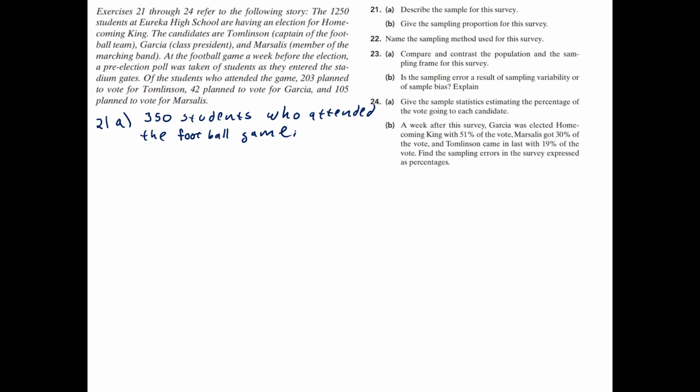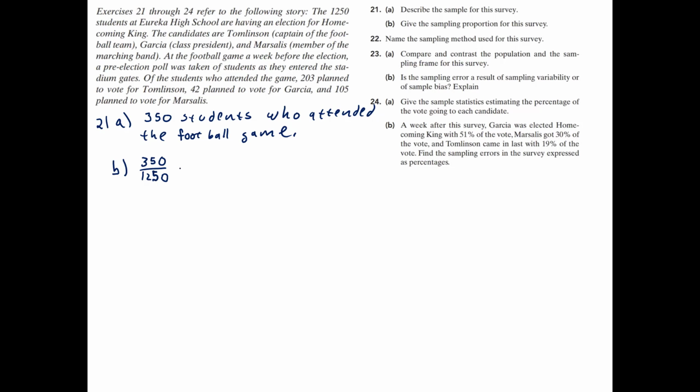Give the sampling proportion for this survey. So part B, the sampling proportion, is we had 350 students and there were 1,250 students. So 350 divided by 1,250.